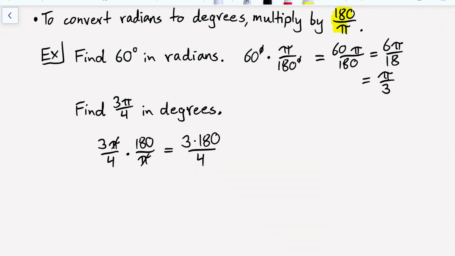It may help first to do some simplifying. I could divide these by 2 and divide by 2 again. I end up with 3 times 45, which is 135 degrees. 3 pi over 4 radians is the same as 135 degrees.